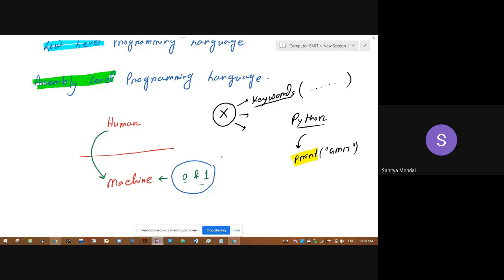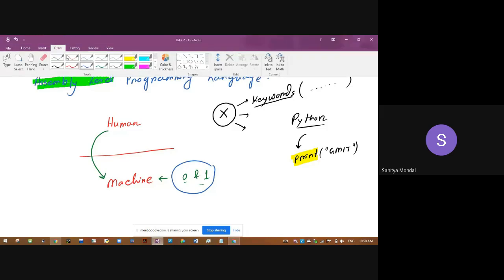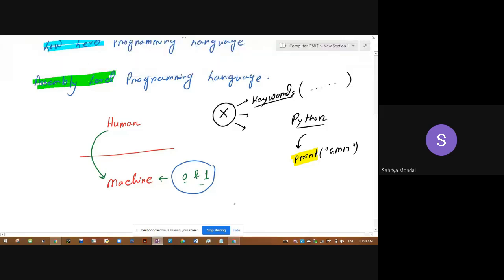Okay. Now those programming languages mostly use 0 and 1. See, I am just writing a simple example. LDA 01.